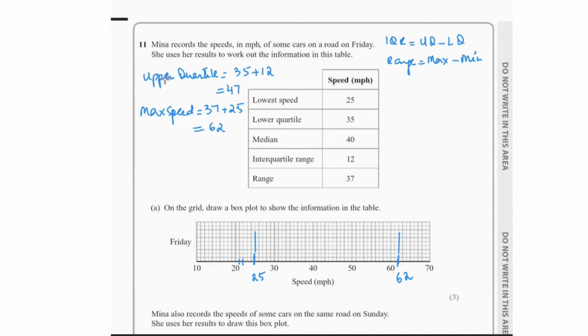Then for the lower quartile, that's 35. So 1, 2, 3, 4, 5. Upper quartile is 47. 1, 2, 3, 4, 5, 6, 7.